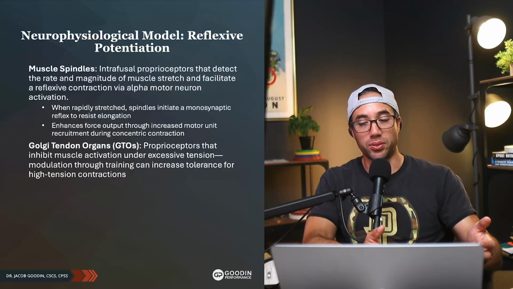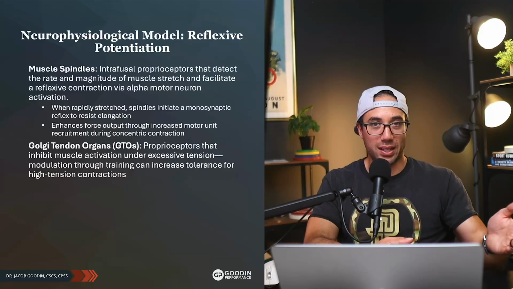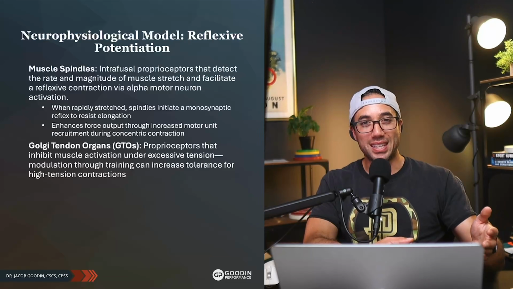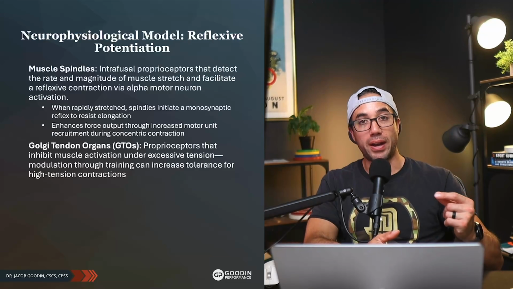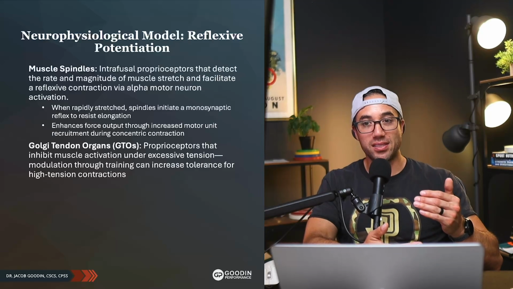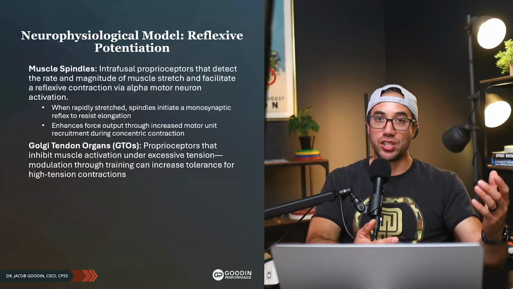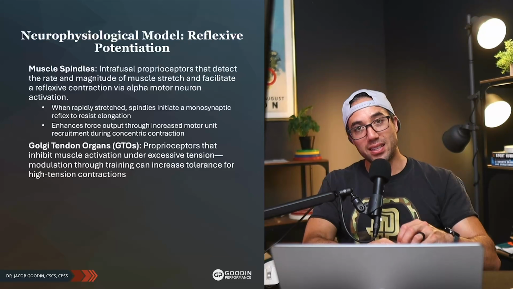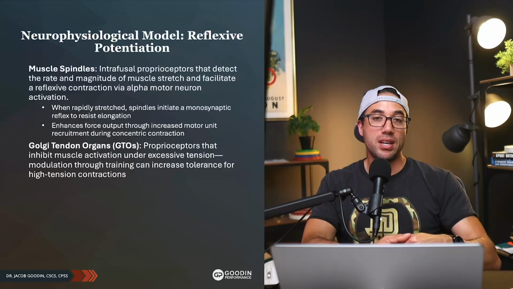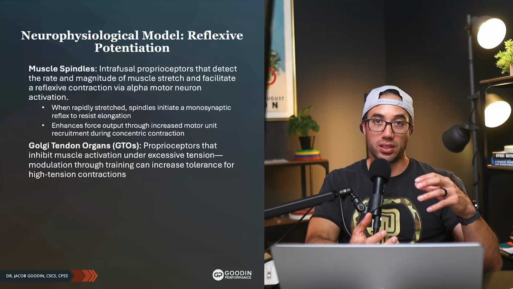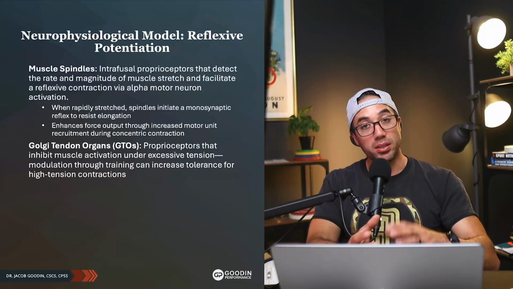It just buckles. Or potentially on a trampoline, if you remember back to the last time you were on one as a kid, and someone gives you a double bounce and it's a ton of rapid force up through the legs, and instead of launching you, it sort of just buckles your legs. That's the GTOs sensing that the stretch of the muscles, that eccentric action, is too much, and it's going to potentially tear the muscle. And so it just collapses instead to save the muscle.